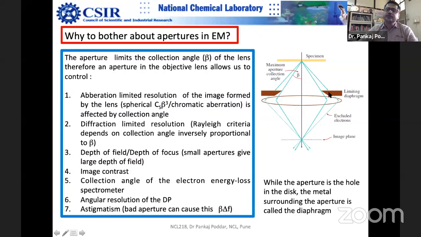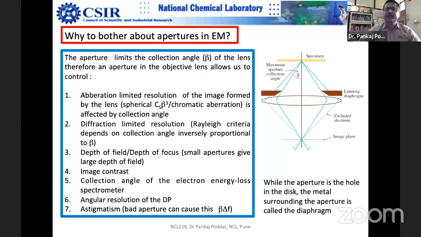Because it's a thick sheet, electrons lose almost all their energy to these diaphragms. So these diaphragms undergo a lot of beating, a lot of damage over a period of time from the electron beam. You can understand that there is a lot of knock-on damage and also heating.